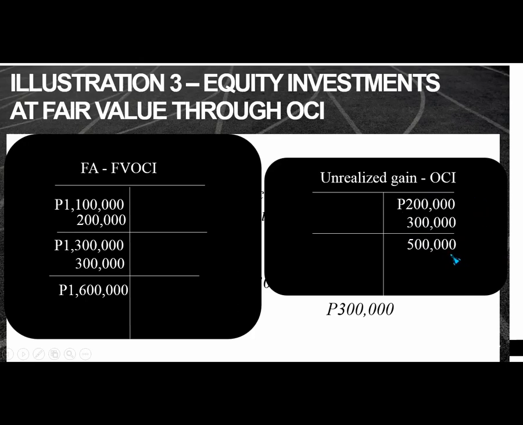Okay, so see, it's a real account and it accumulates over time, hindi siya mazi-zero out. Now, paano ang presentation nitong unrealized gain OCI? So take note class na sa statement of comprehensive income for December 31, 2020, what would appear is ito lang 300,000 kasi ito lang man yung changes for the year.